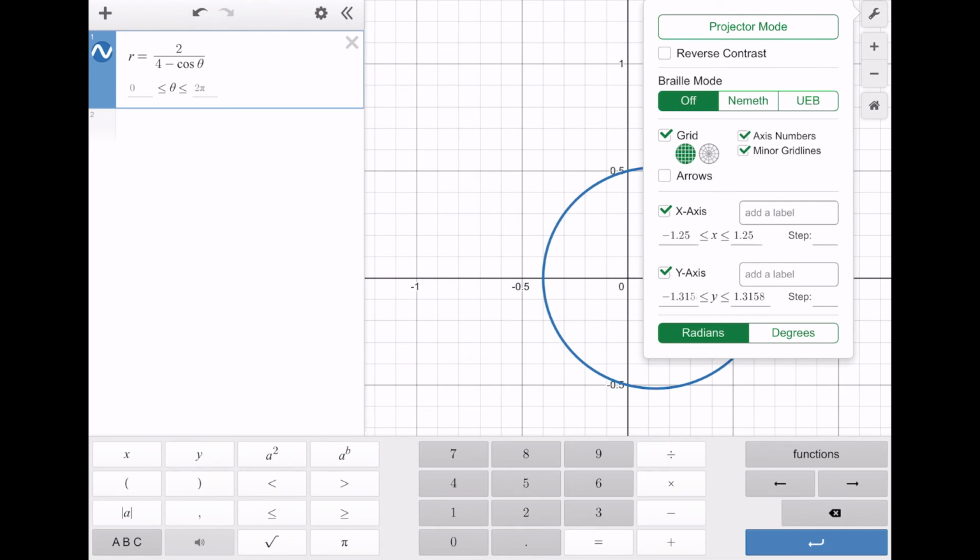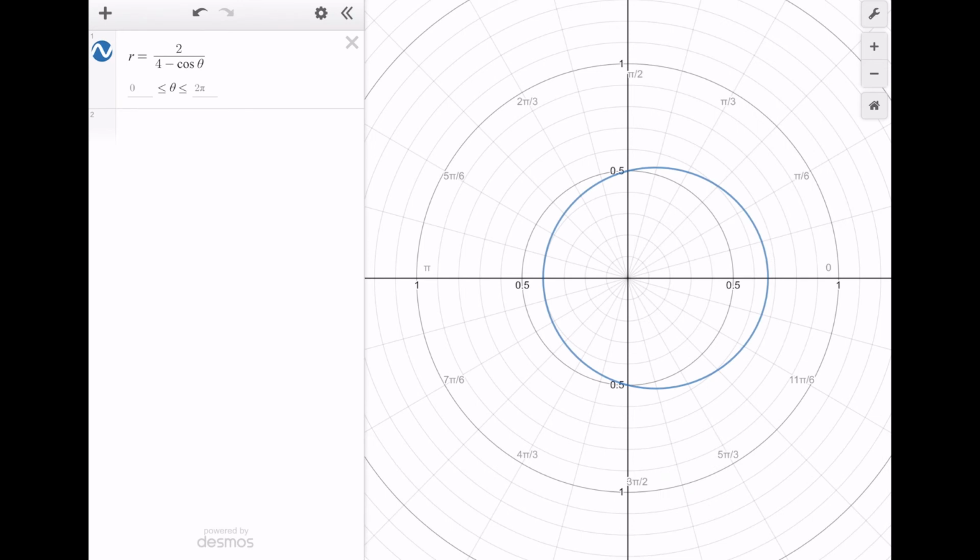One looks like a rectangular grid, and to the right of that is this spider web looking feature. If you click that, it will change your axes to polar coordinates. So the distance from the center of the origin represents r, and the angle that those lines go out at represents theta.